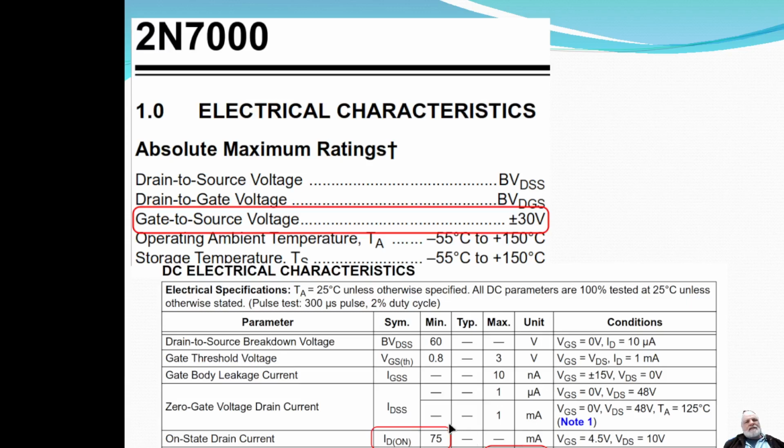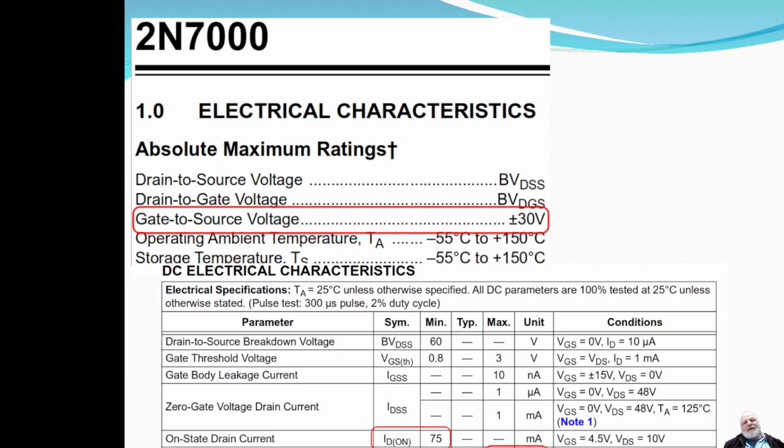That's for a minimum on, to operate as a switch. And that's with a gate to source voltage of about 4.5 volts. So you're going to have about 4.5 volts to get that.